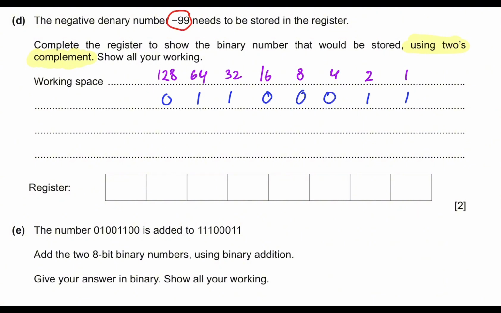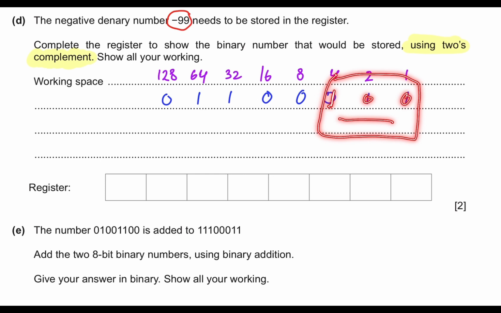One thing I have taught you is that we now have to change this into 2's complement. In 2's complement, until you see a 1, all the numbers will remain the same.